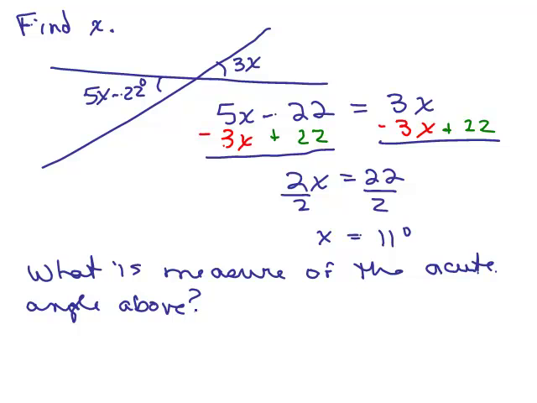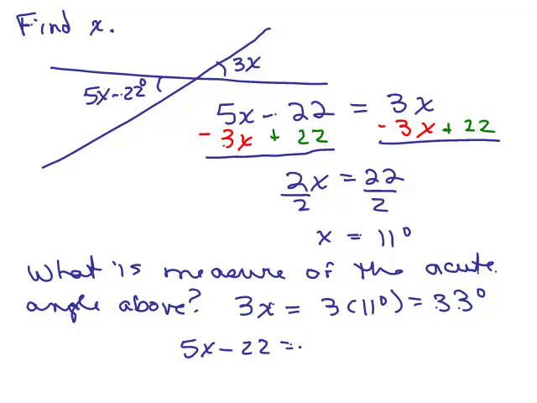We would make sure it works in both of them. So if I put an 11 for x, 3x is one of those acute angles, is 3 times 11 degrees, which is 33 degrees. And how about 5x minus 22? Well, that's 5 times 11 minus 22, which is 55 minus 22. Also 33 degrees. So it does check out.